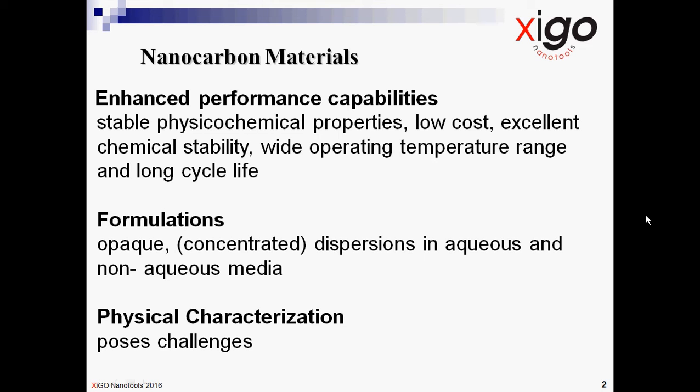They're being considered for use in all types of applications to deliver enhanced performance capabilities to products such as reinforced composites, the development of new generation supercapacitors, sensors, catalyst supports, and electrode materials.